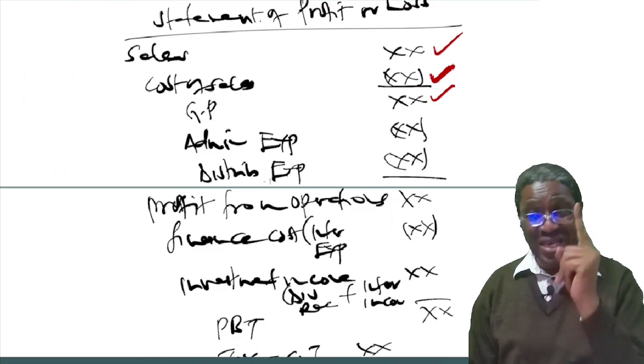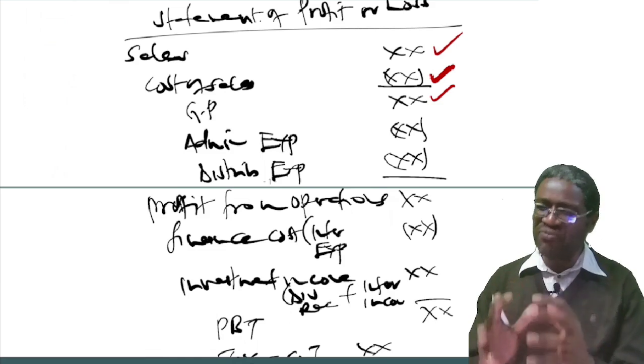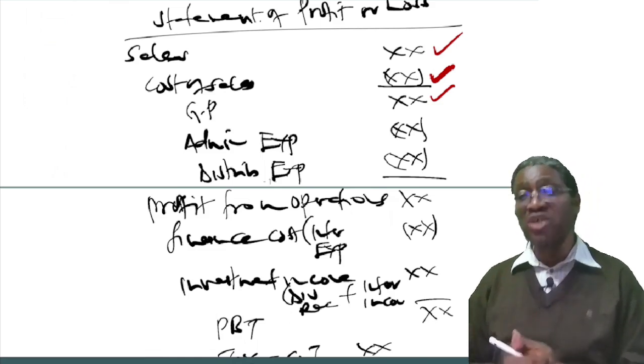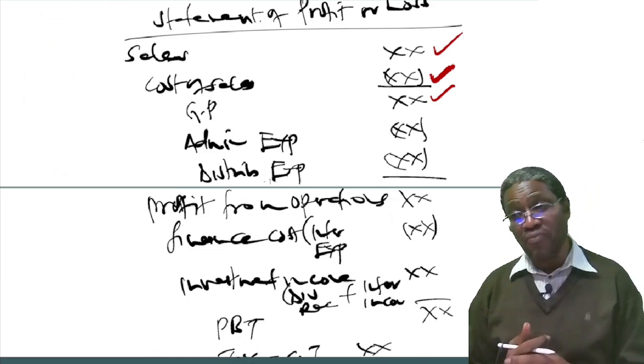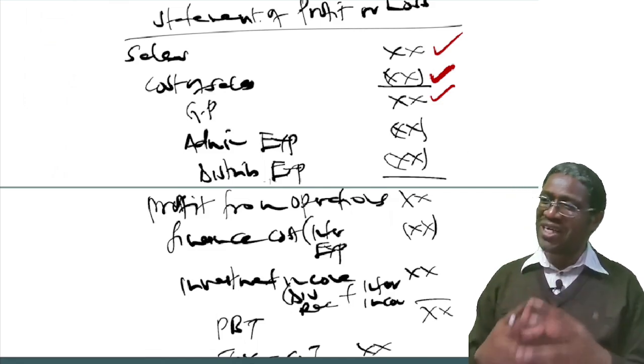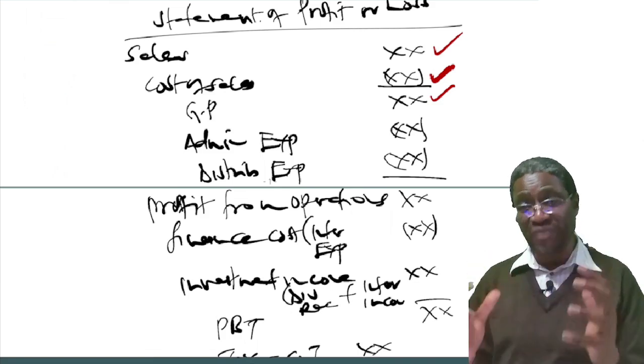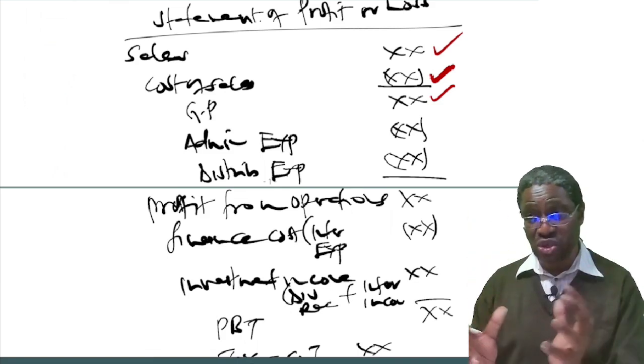But for publication purposes, you are required to classify the expenses according to the function that they perform in an organization. We said there are 2 categories of functions that may be performed in an organization. One is the administration function.